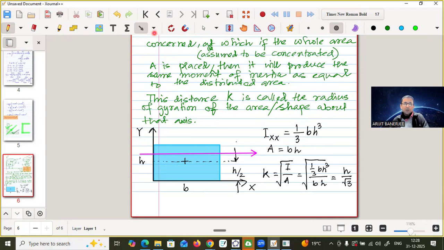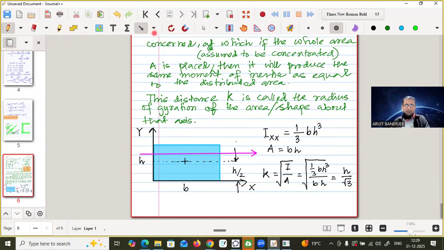H by root 3 means about how much? 1 by root 3 means how much?